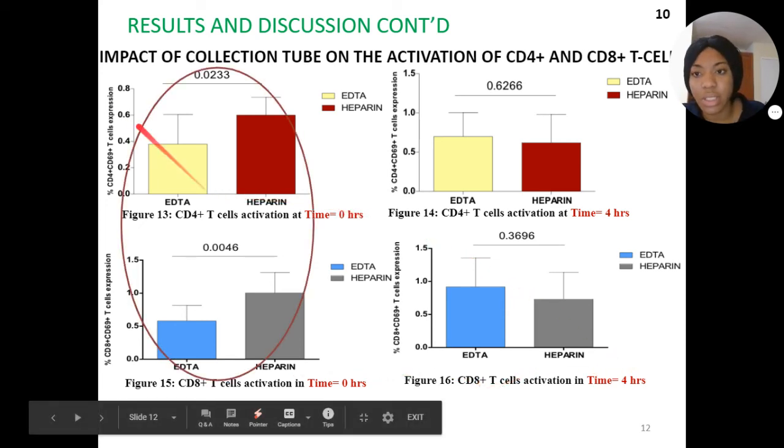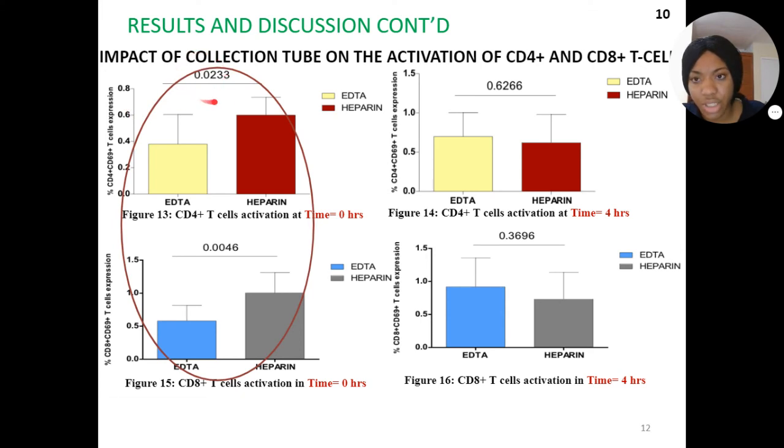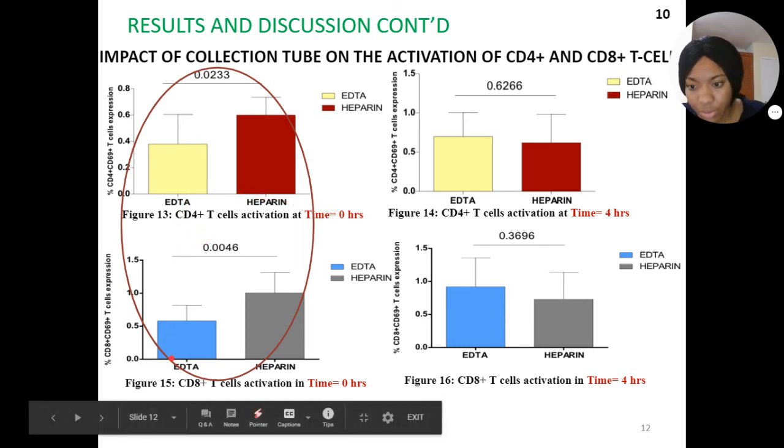And here we could see that there was a significant change in the activation status of the CD4 T cell, and also an activation change here as well. So for both the CD4 and the CD8 T cells, there was a change in activation.